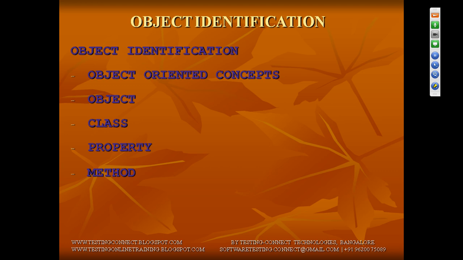As of now, just remember that a developer used so many properties for developing that object. Like that, the sign in button has so many properties: X coordinate, Y coordinate, absolute X, absolute Y, inner text, outer text, label, height, width, length. That is nothing but a property.